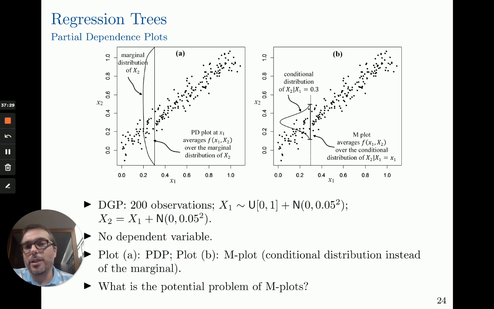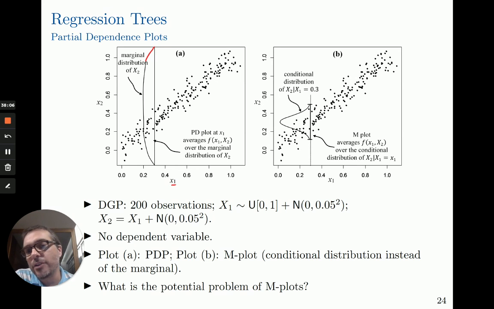Here we have the scatter plot of x2 and x1. And this curve here is the marginal distribution of x2. The partial dependence plot at the point x1 averages f(x1, x2) over the marginal distribution of x2.